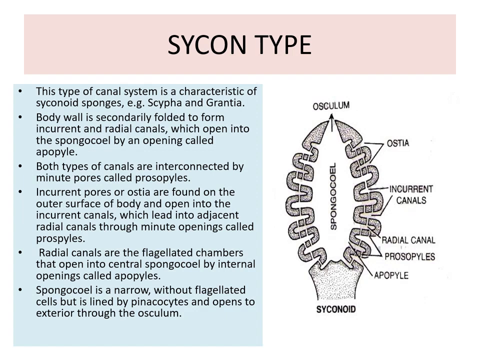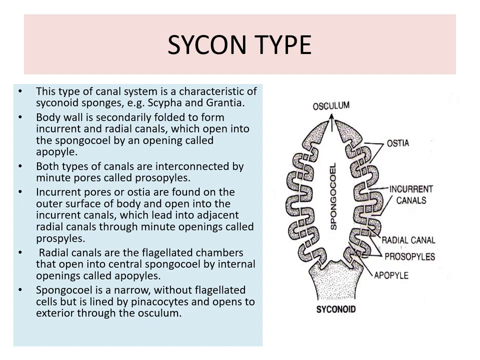The radial canals are flagellated chambers that open into the central spongocele by internal openings called apopyle. The spongocele is narrow, without flagellated cells, but is lined by pinacocytes and opens to the exterior by the osculum.